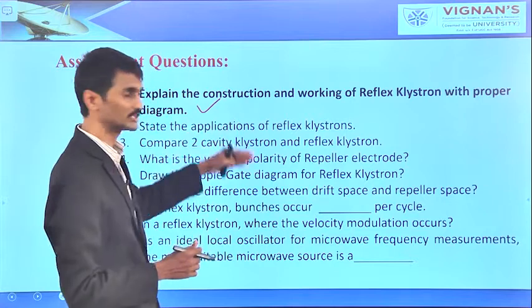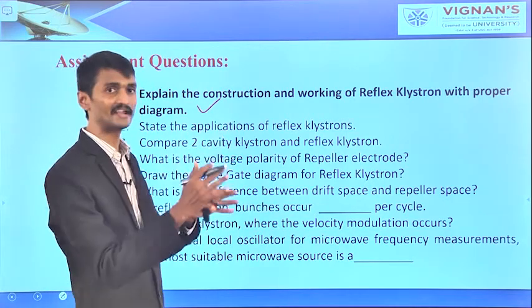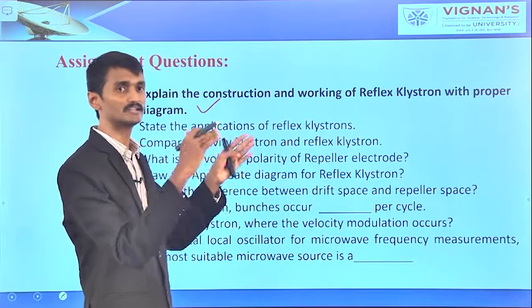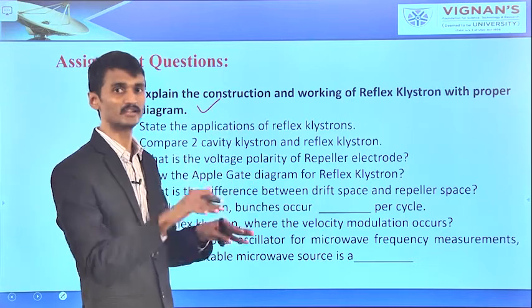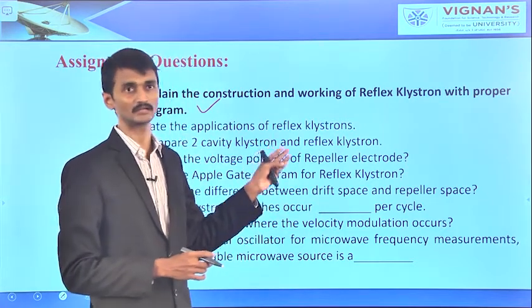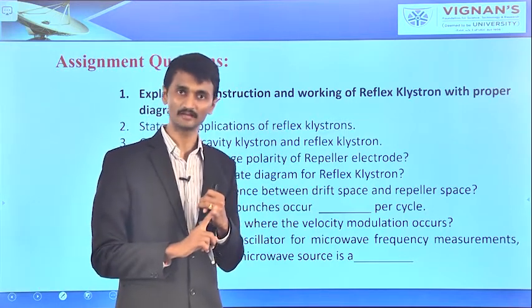So these are the short answer questions. If you go through these questions, you will have clarity on this concept as well as the differences between the two cavity klystron and reflex klystron. The main difference is that the two cavity klystron acts as an amplifier.